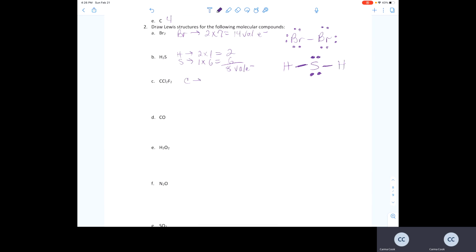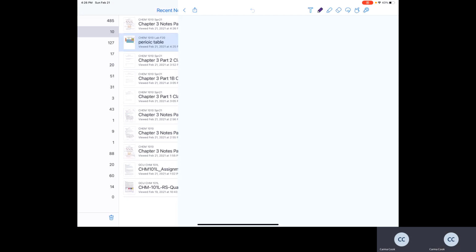CCl2F2, you got 1 carbon in group 4, 2 chlorines, each in group 7, 2 fluorines, each in group 7. That's a total of 32 valence electrons. And so carbon is the least electronegative of these.